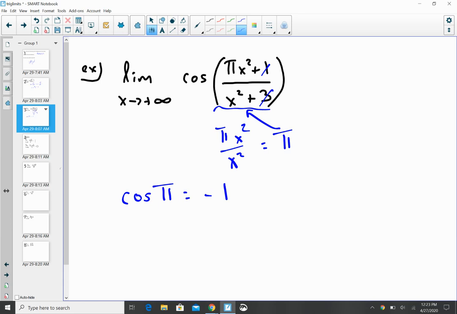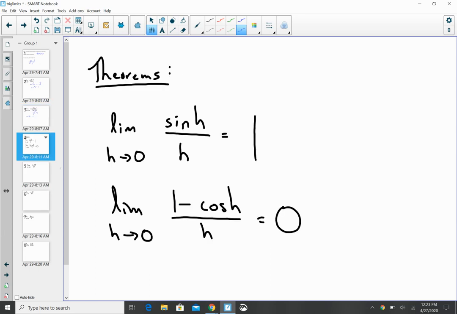Now, sometimes plugging in isn't so easy, and we have to apply some theorems, which are rules that allow us to say things. Now, if I went back to the beginning here, these two theorems, these are ultimate truths. As a matter of fact, pause, copy these down, highlight them in your notes. These are special.